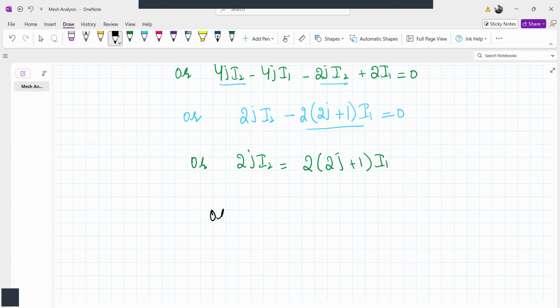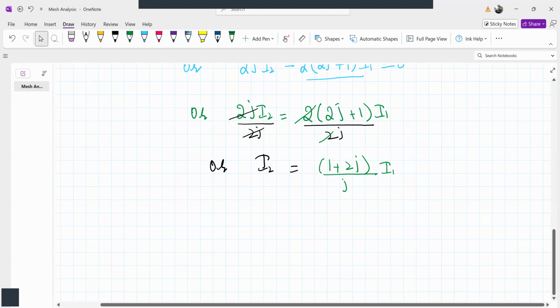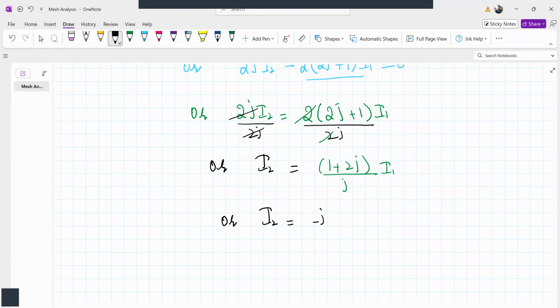So I2 we can write by dividing both sides by 2j. If we divide both sides by 2j, 2j and 2j cancel. We are left with 1 plus 2j divided by j multiplied by I1. Now if we take this j to the numerator, it will be minus j.